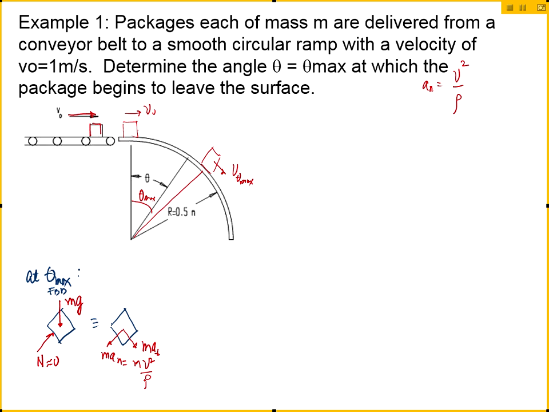So this is not 0. Zero normal force doesn't mean that the normal acceleration is 0. Because number one, it's moving, V is not 0. And number two, it's not moving on a straight line, so rho is not infinite. Okay? So, how many unknowns do we have for this diagram?